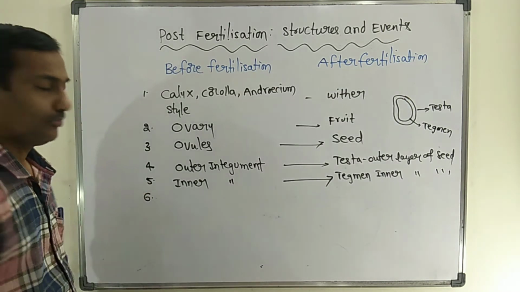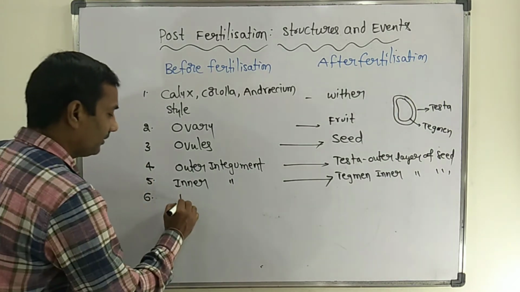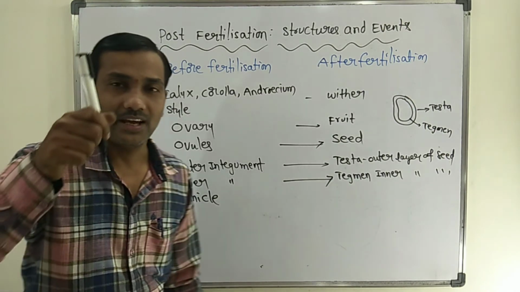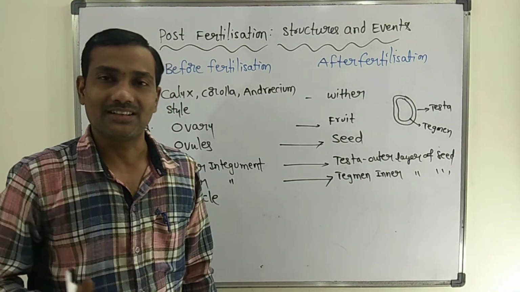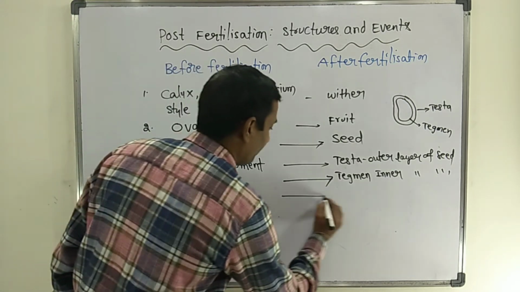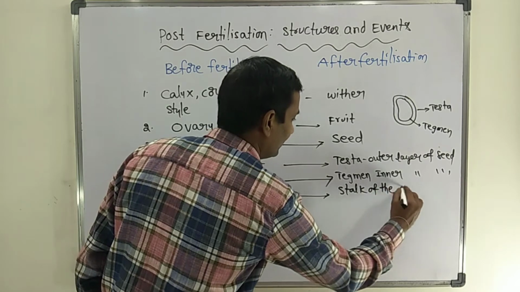Next important part is the stalk of the ovule, which you call the funicle. The ovules have a slender stalk-like supporting structure. That funicle modifies into the stalk of the seed.